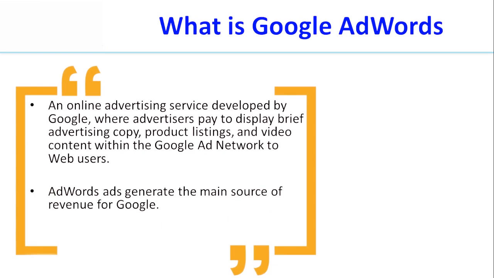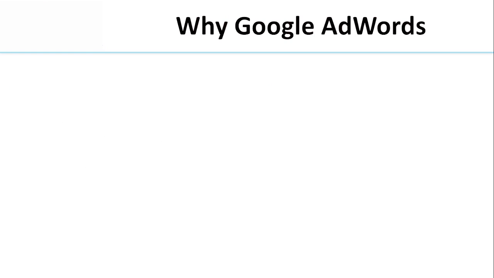AdWords ads generate the main source of revenue for Google, which means Google takes AdWords ads very seriously. And this AdWords platform was launched in the year 2000. Now you will enjoy this video about AdWords.